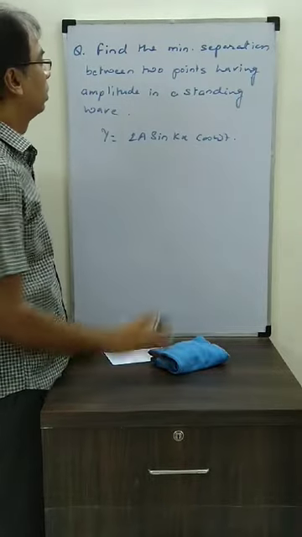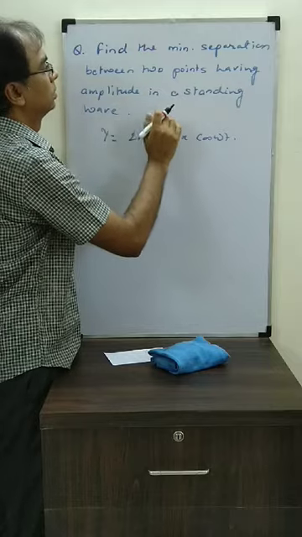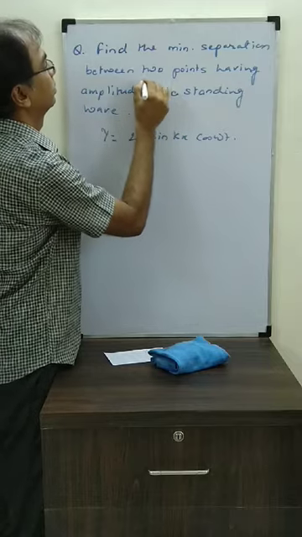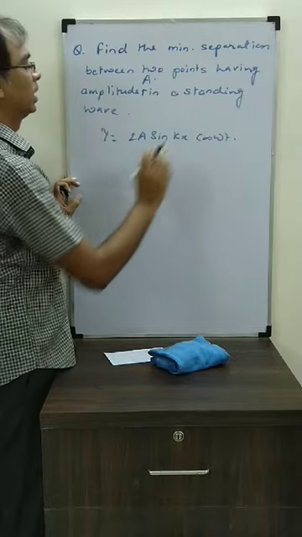Okay, we have to find the minimum separation between 2 points having amplitude A in a standing wave 2a sin kx cos omega t.